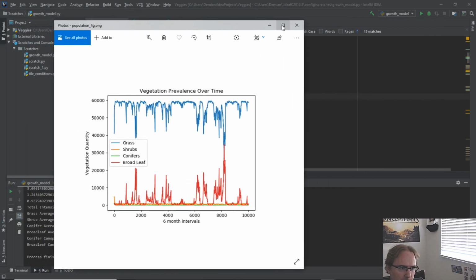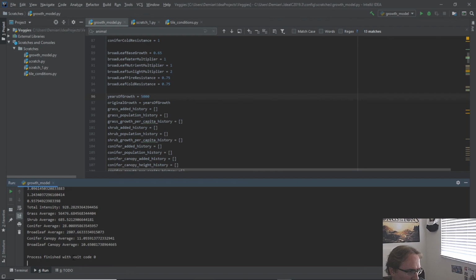I wonder what average canopy height is. Broadleaf canopy average 10 meters. That's in keeping with what we want. Conifers are virtually non-existent. Like we could have some more shrubs.